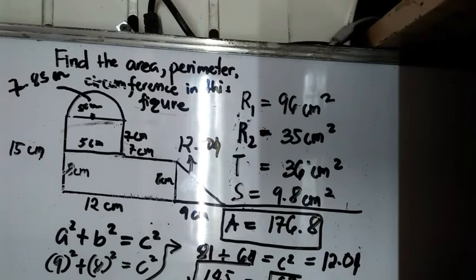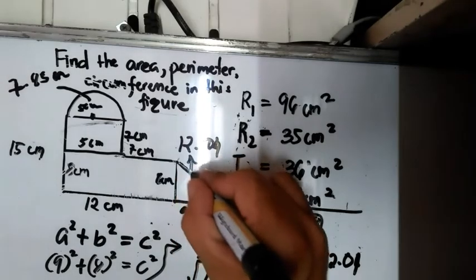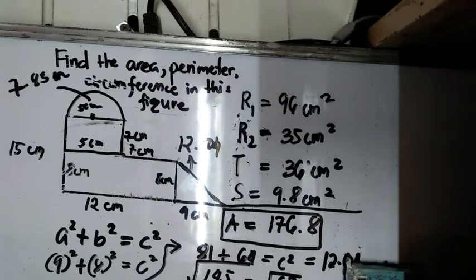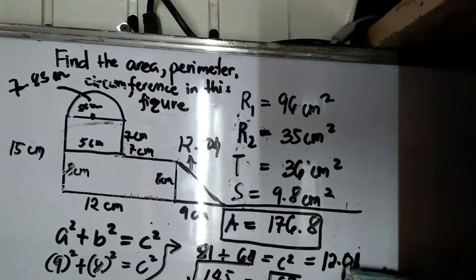Okay, since we got the hypotenuse of the triangle, now we add all the sides of the figure.